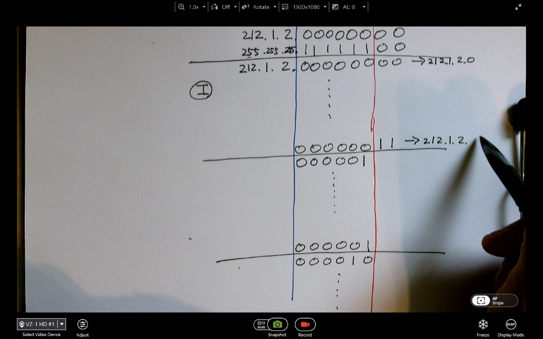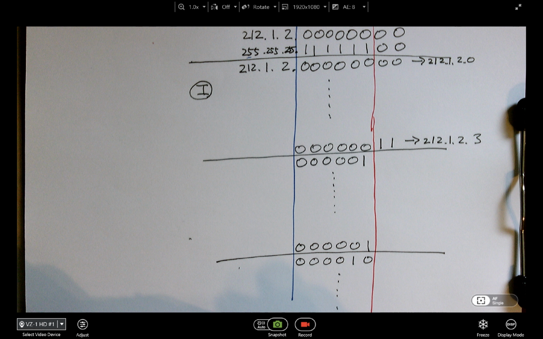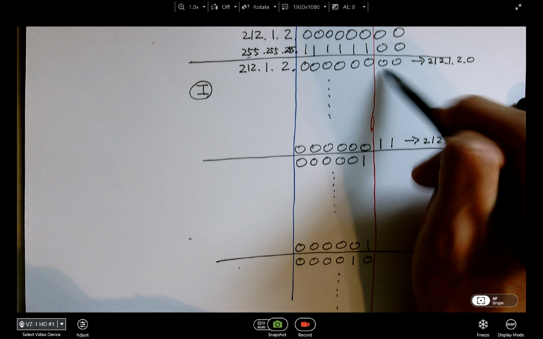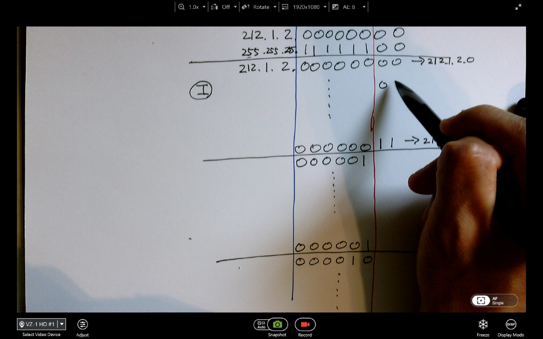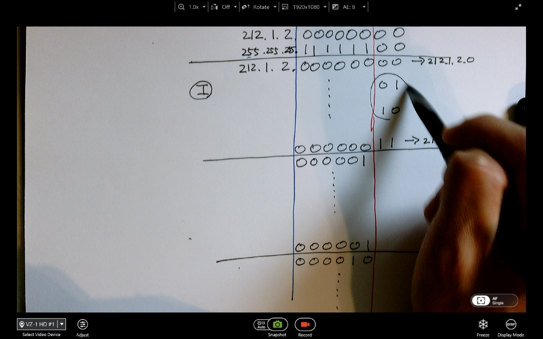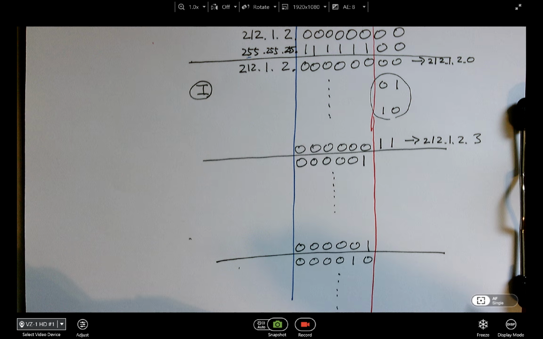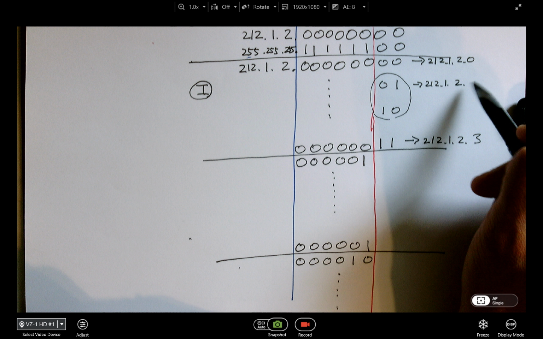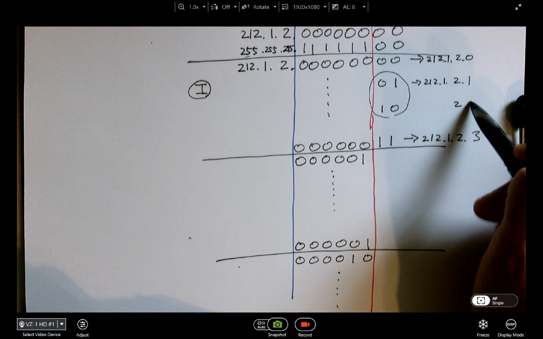Basically y is a 2, right? So you have only 2 host bits, so another y is a 2, so we have 2 usable host IP addresses. So this one is 212.1.2.1, and then this is 212.1.2.2.